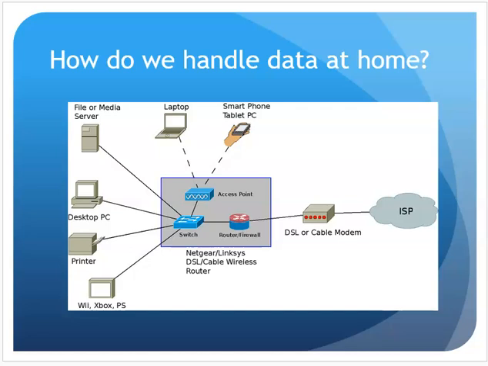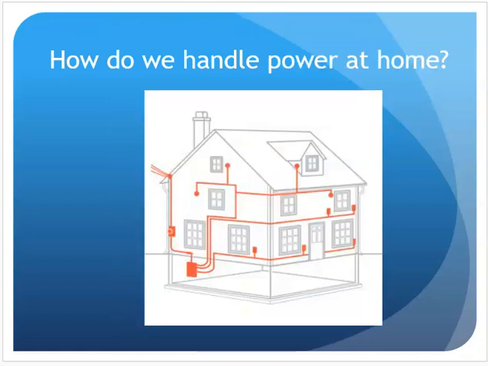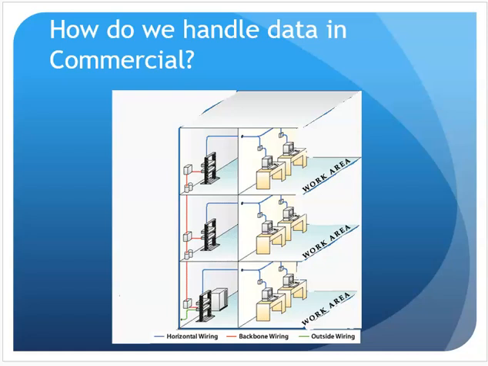A couple patch cables with my devices at home probably works fine. I'm dealing with hundreds, sometimes thousands of computers that need to be plugged in and organized. So we adopt the power method in your house for how we hook up our devices to data. Hopefully that idea makes sense, because everything else we're going to talk about is based on that idea. So this chapter starts talking about just that: how do I handle a data structure in a building for the hundreds or thousands of computers that might be in a building?